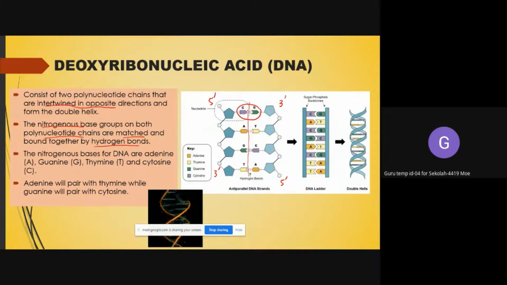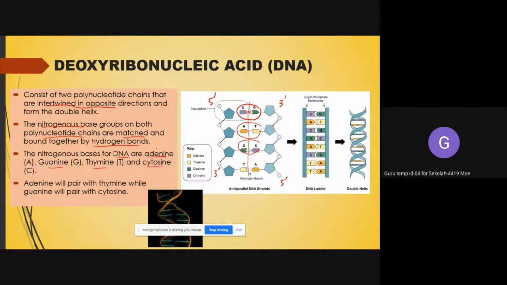Mereka ni diikat melalui hydrogen bond. Adanya hydrogen bond di antara nitrogenous base ni. So the nitrogenous base for DNA are adenine, guanine, thymine, and cytosine.